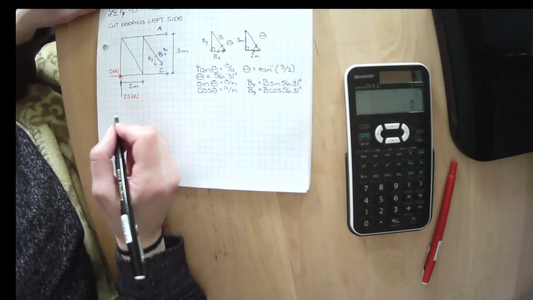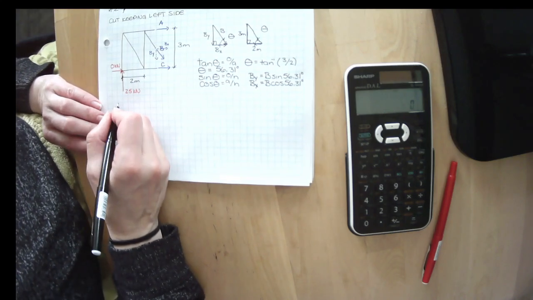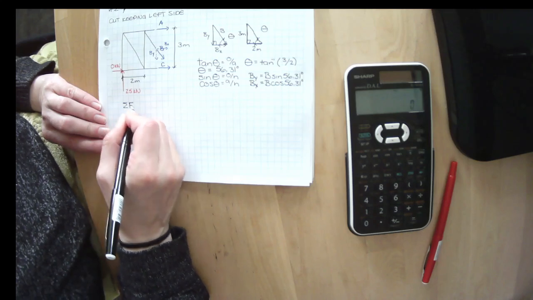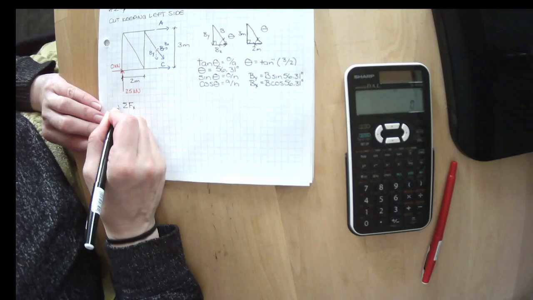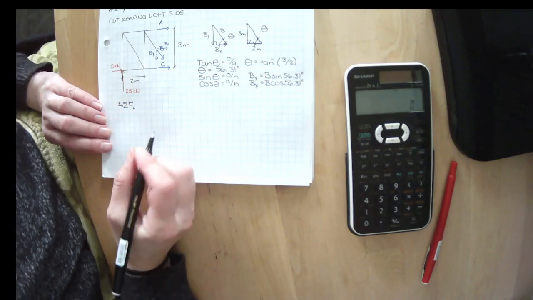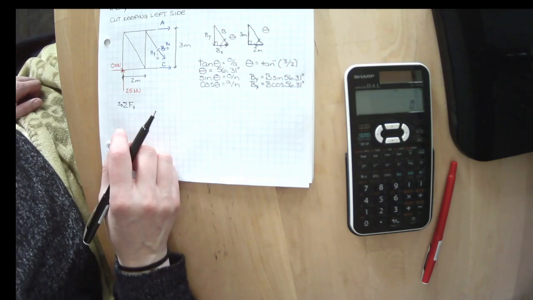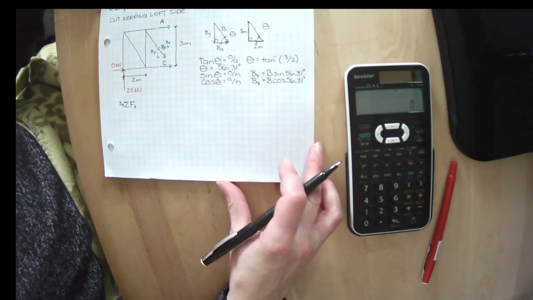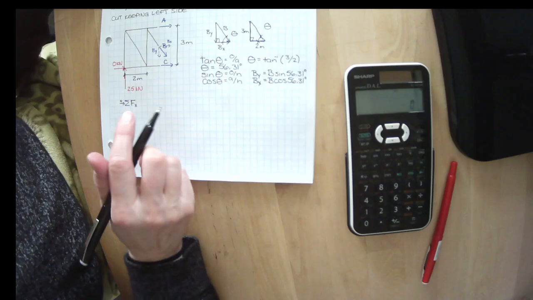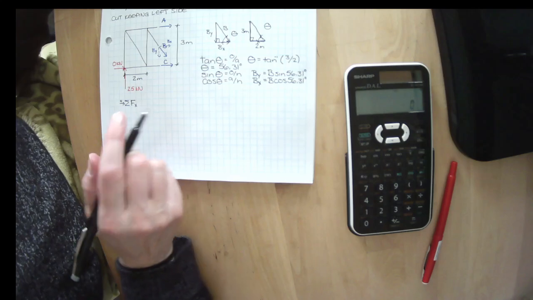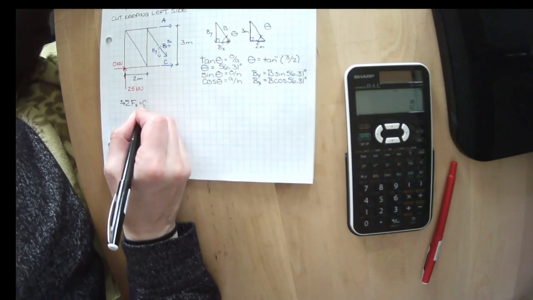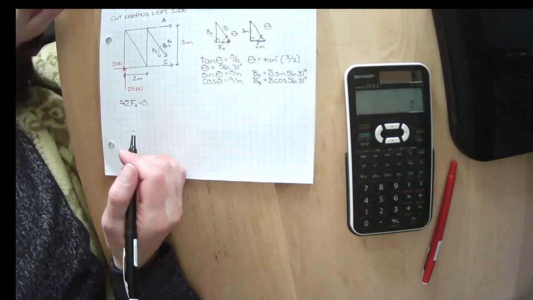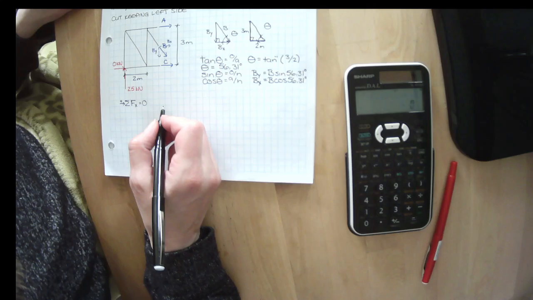Let's start by doing what we always do, summing the forces in the x direction, or the order we've done it in most of the time. I'm going to show you that depending on what we're doing, changing the order up might make life a little bit easier, but you don't have to. You can do this in whatever order you want to. We want to know what it takes for the sum of the forces in the x direction to be 0.